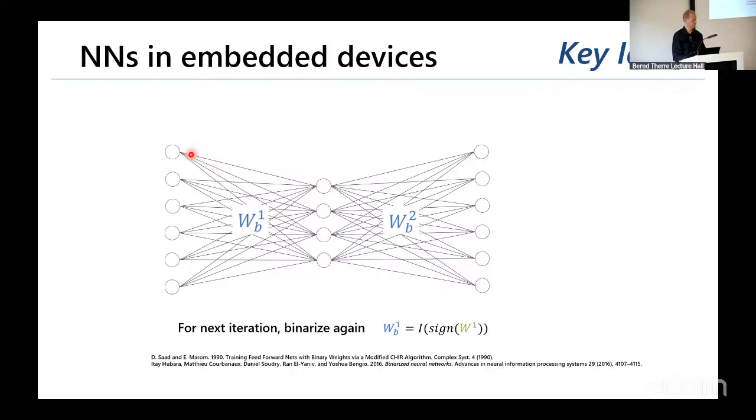The inputs, also binary, and the outputs, also binary. Everything is binary, which is exactly what we wanted. So in embedded computation land, people were using it just out of necessity for making things efficient. They didn't want binary networks per se. It just worked. But for us, this is exactly what we want. So we're going to take a leaf out of this playbook.